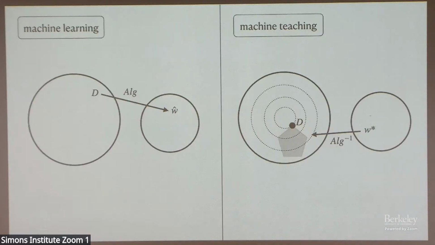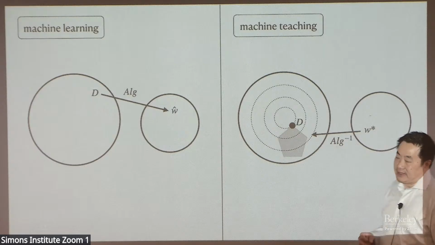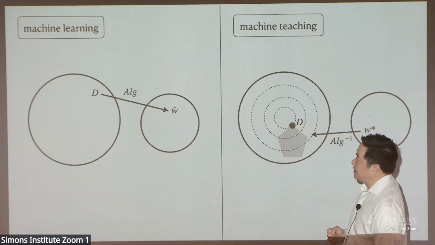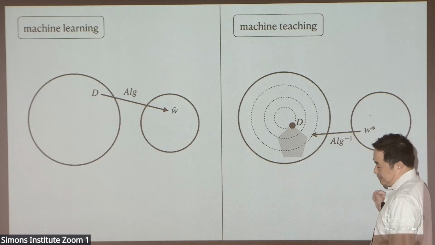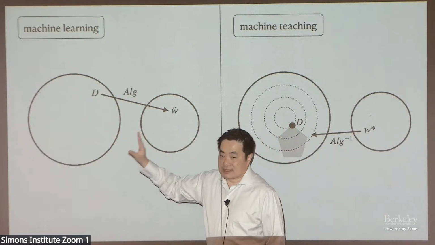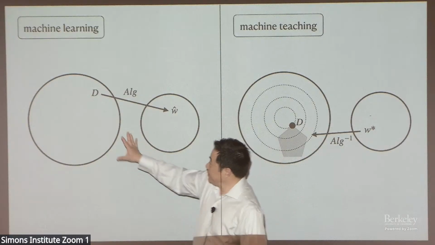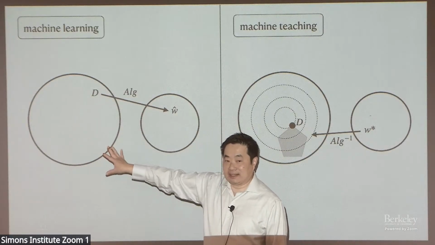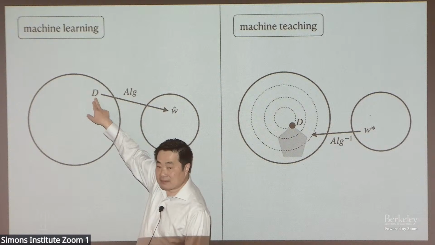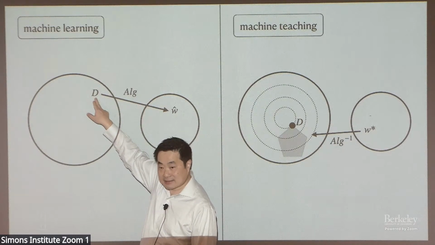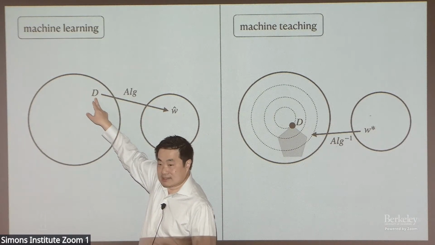All right, but let's come back to another alternative view contrasting machine learning and machine teaching. On the left-hand side, this is how we think of the learning algorithm. This circle is the space of training data sets. Each element is a particular training set, not necessarily IID, just a bunch of x, y pairs.